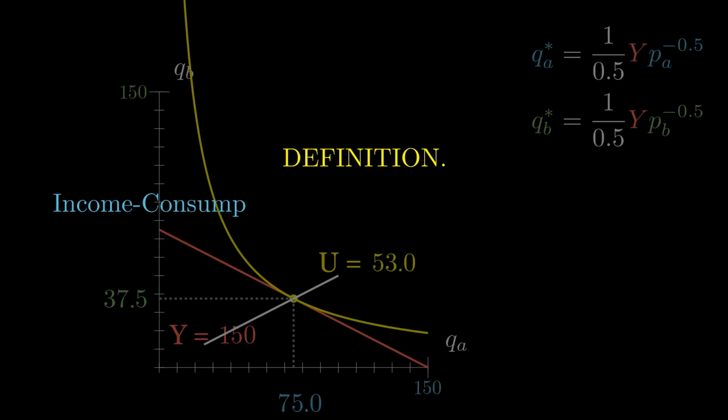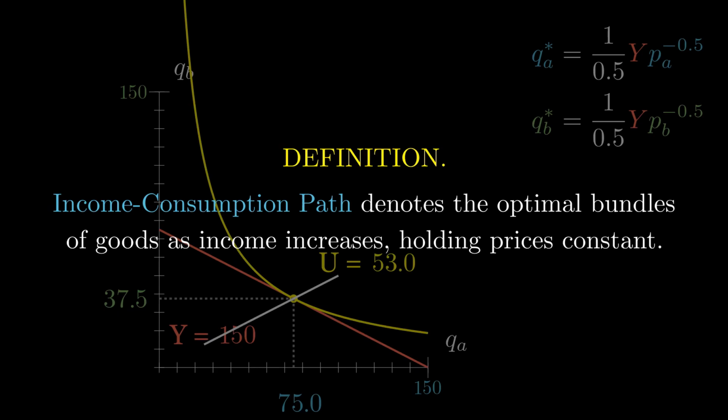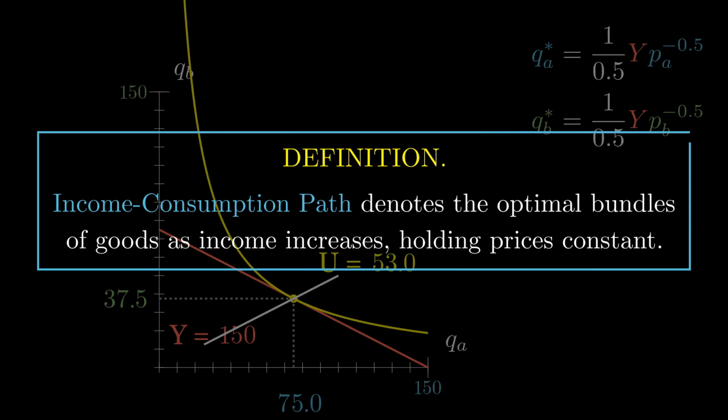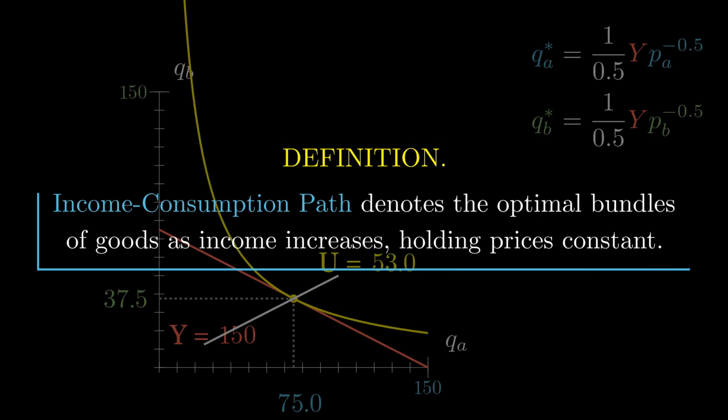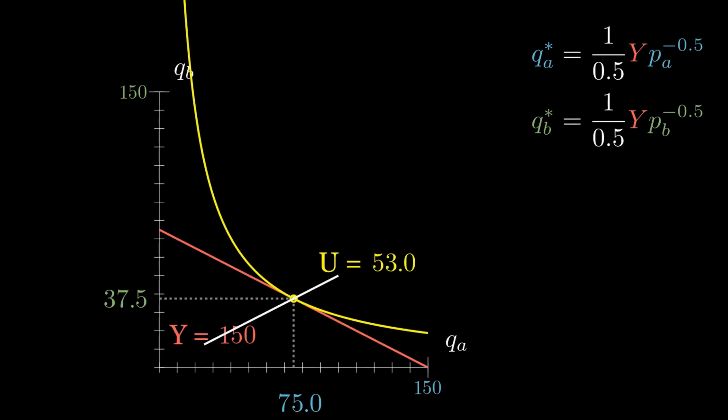This relationship you're seeing is what we call the income consumption path, the path denoting the optimal bundles of goods as income increases when we hold prices constant. So what does the income consumption path tell us? Both QA and QB increase in response to an increase in income.